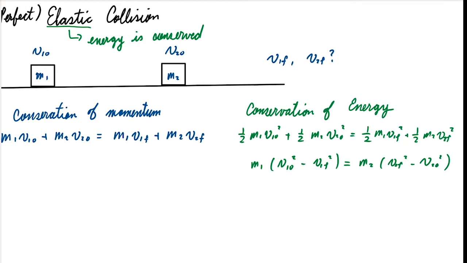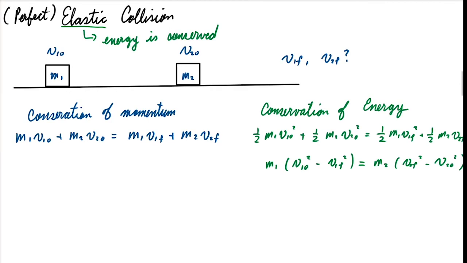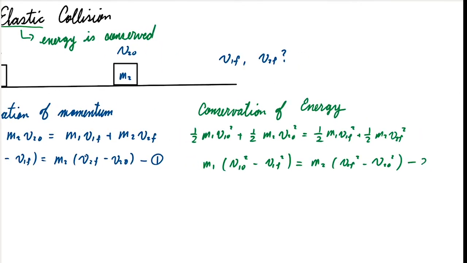I'm going to do the same thing over here on the momentum equation. So m1 times (v1 original minus v1 final) is equal to m2 times (v2 final minus v2 original). Good. I'm going to call this equation 1, and this one equation 2.